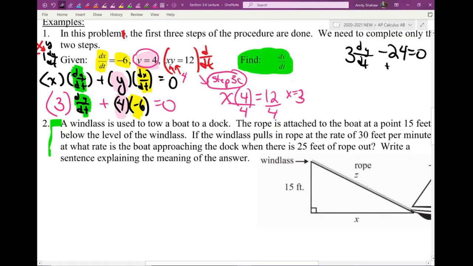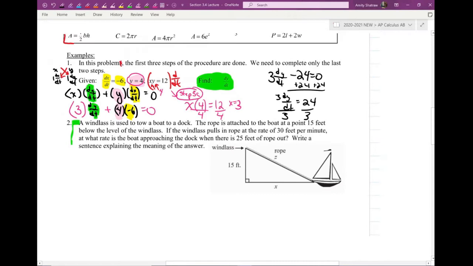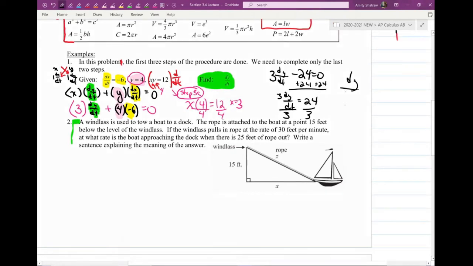I'm going to add 24 to both sides. I'm going to get 3 dy dt equals 24. I'm going to divide by 3, and I'm going to say then my final answer, dy dt equals 24 divided by 3 is 8.